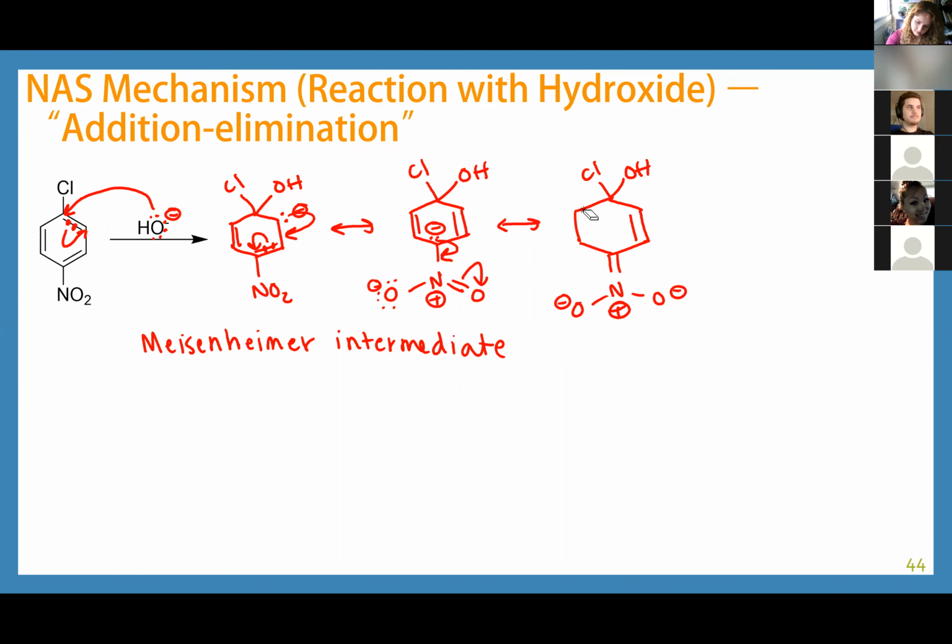All right, this is really messy right here. And then we can push the electron density back up into the benzene ring.